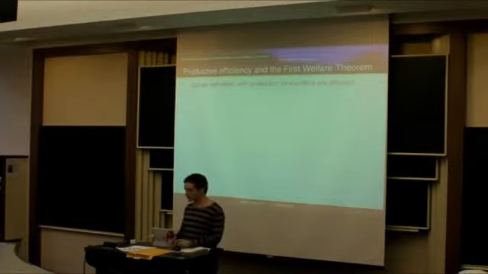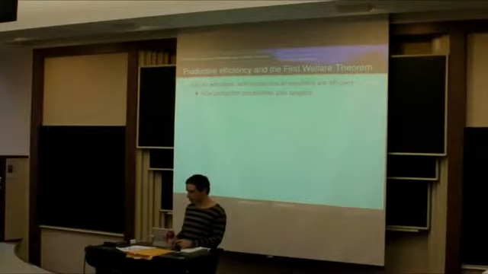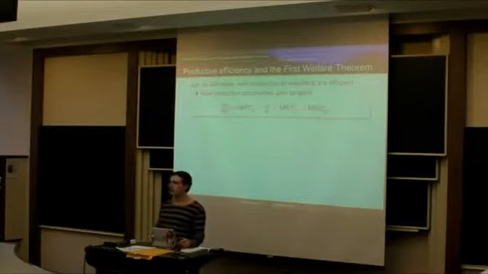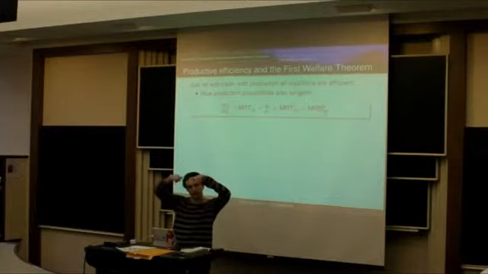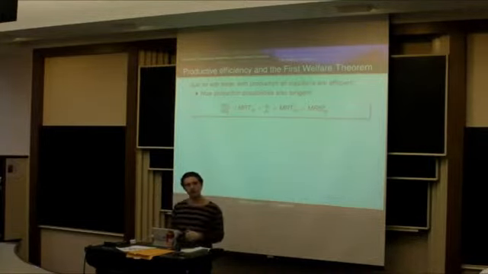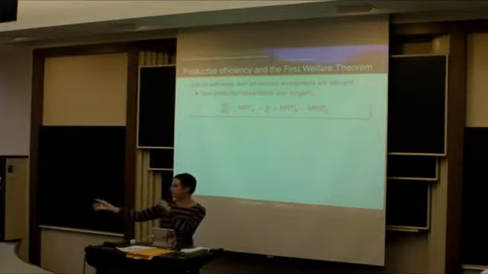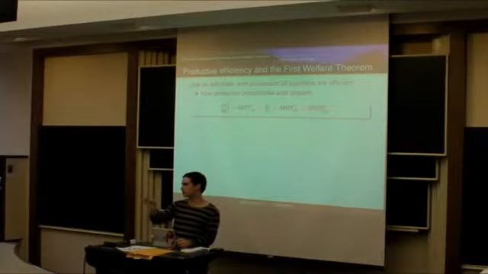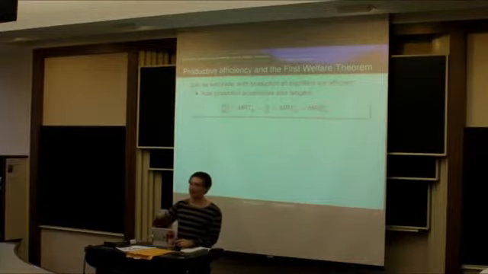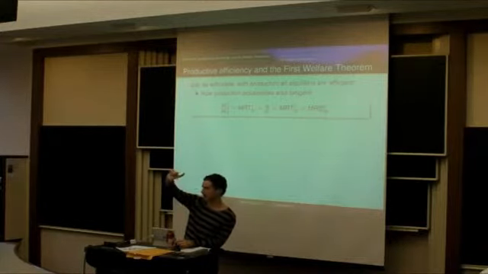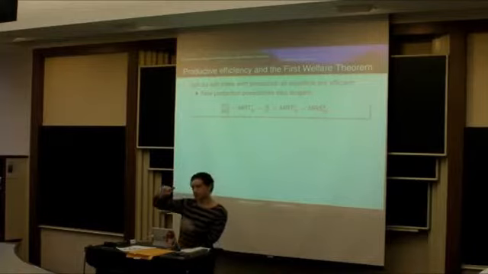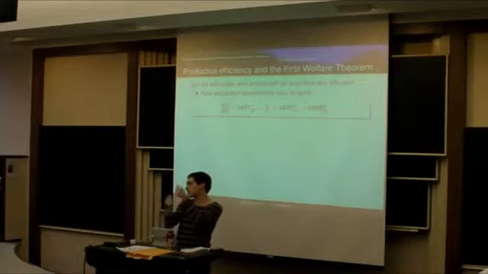So, just as in the situation of trade, all equilibria in a production economy are efficient. And the reason is that now, not only is it the case that everyone's marginal rates of substitution are equal to one another, but it's also true that any company is going to set the rate at which you can turn one good into another to that marginal rate of substitution, which is equal for everyone, because that's exactly what we showed earlier in the class, that if there's two goods and the company can change one into another, it's going to set the rate at which you can change them equal to the prices, right?